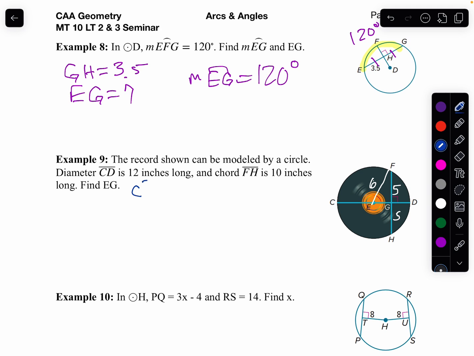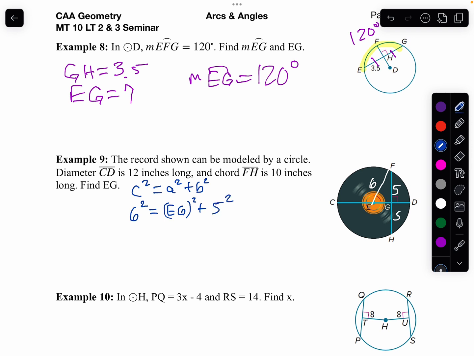So C squared equals A squared plus B squared. And this time I know my hypotenuse is 6, and I'm going to call that E to G. And then I know F to G is going to be 5 squared.